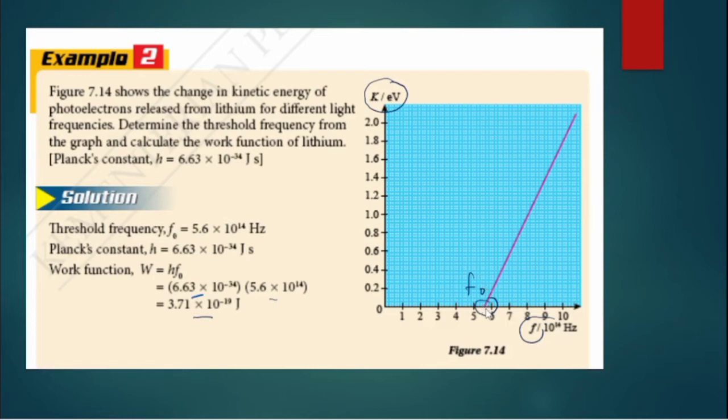So we just read from the graph, it equals 5.6 times 10 to the power 14 Hz. So that is the threshold frequency of lithium. Using the formula work function W equals hf0, we get this value for the work function of lithium.